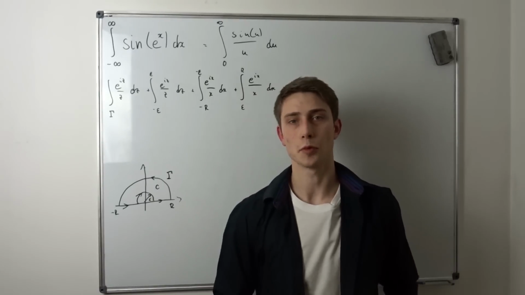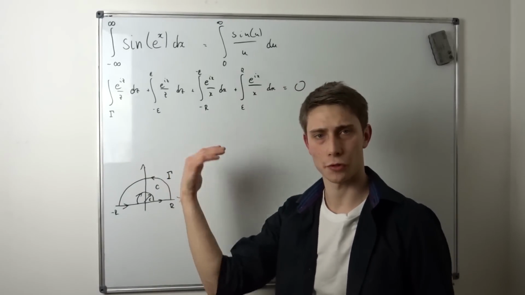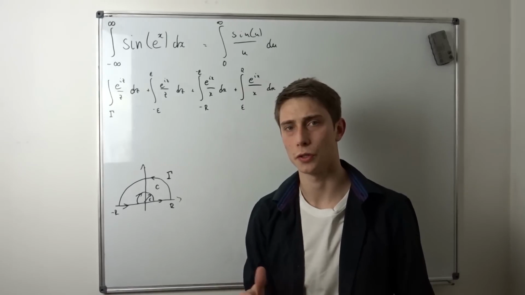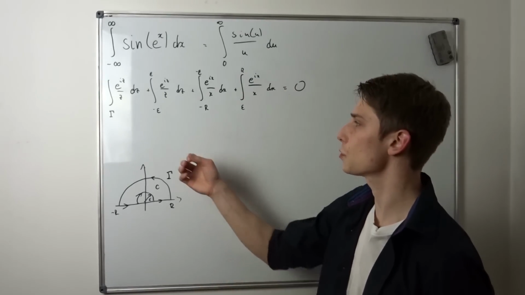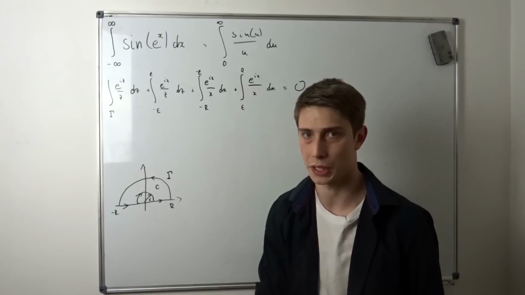And now we can bring some stuff to the other side and then we can move on. We already came pretty far. So what could we do now? Maybe we could bring some stuff to the other side. For example, we can subtract this integral and this integral on both sides and see what we get.